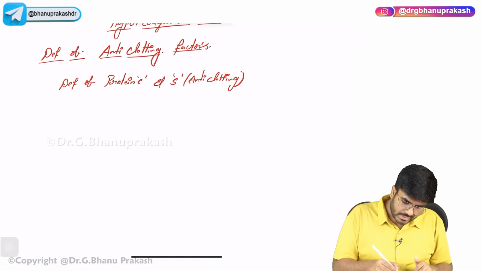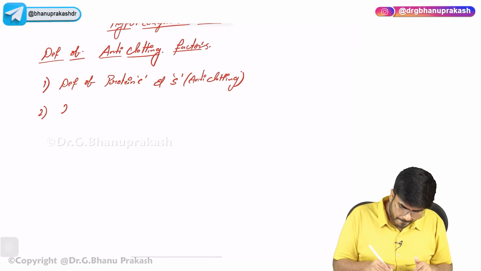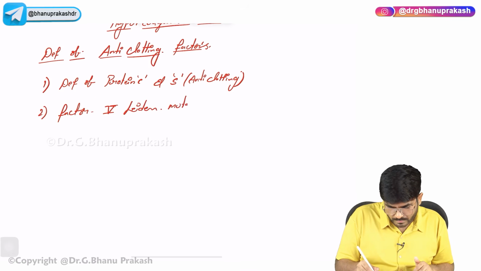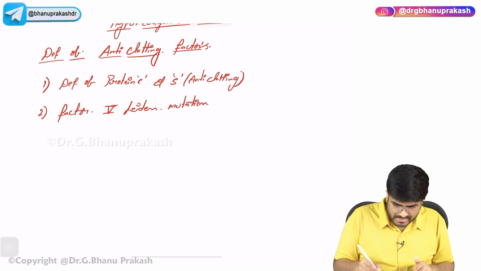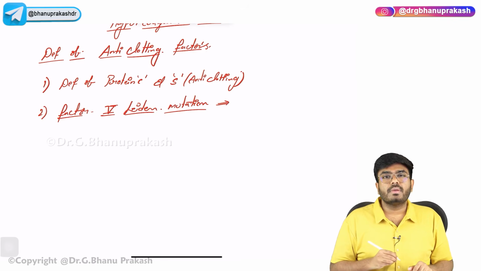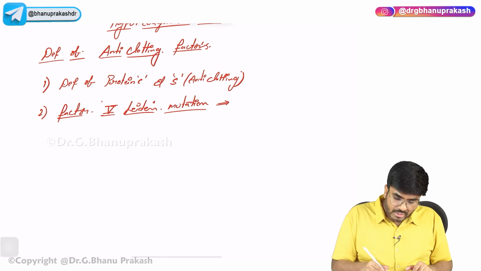Next, what else, sir? There is something called factor 5 Leiden mutation. So what exactly is this factor 5 Leiden mutation? What is happening in the factor 5 Leiden mutation, sir? In factor 5 Leiden mutation, the factor 5 is not going to be destroyed.